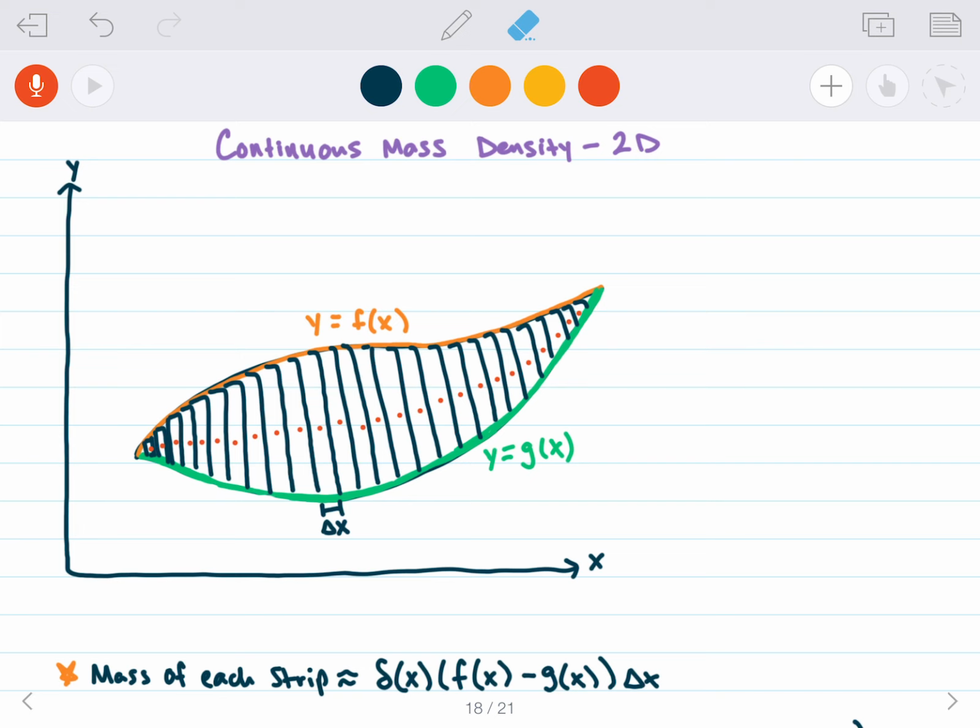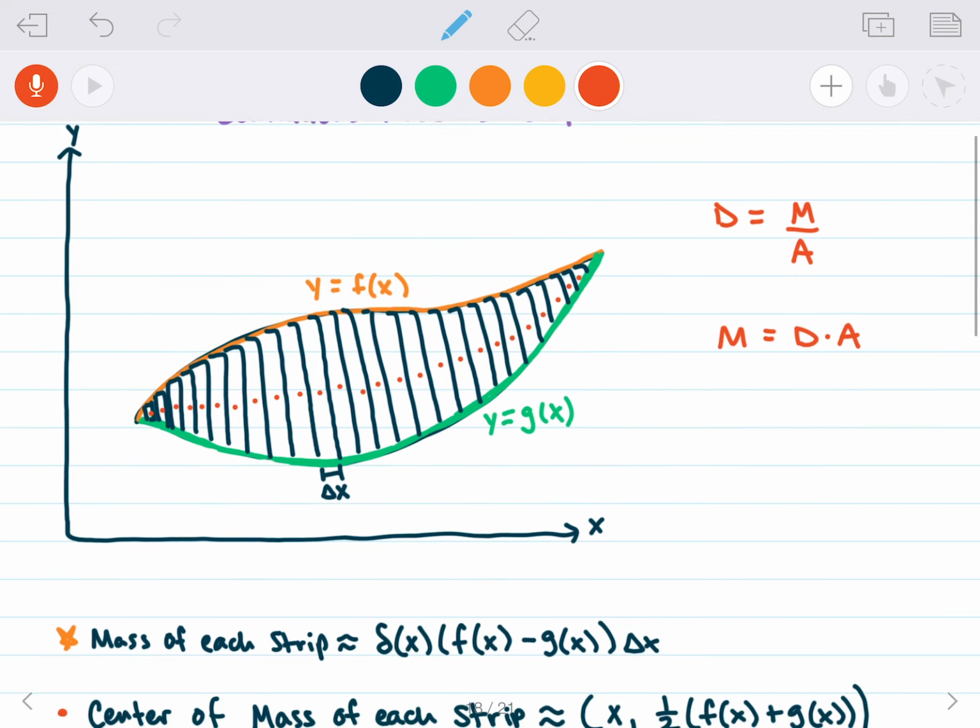Since we are now in the two-dimensional case, we need to remember our two-dimensional density formula. The density formula, again, in the two-dimensional case, is mass over area. So total mass is going to be the density times the area of that region.